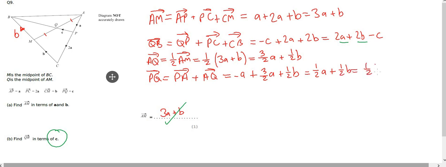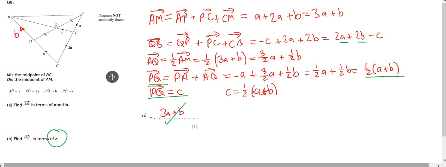So let's write that as half of a plus b. So that's PQ. PQ is also equal to c, we're given in the question. So we can see that PQ equals c and PQ equals 1/2 (a plus b). So of course that means that c equals a half of a plus b.